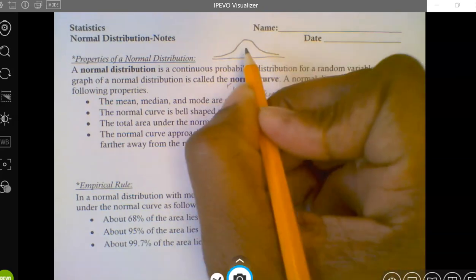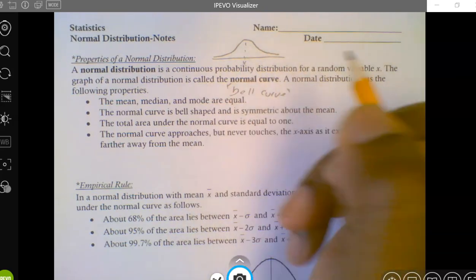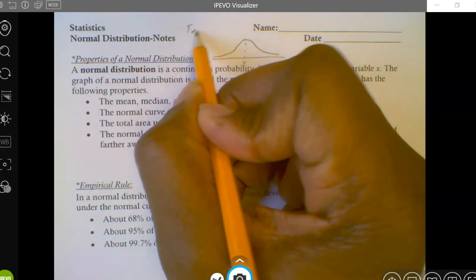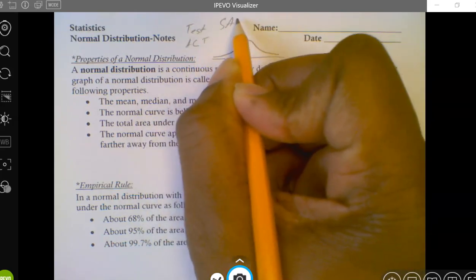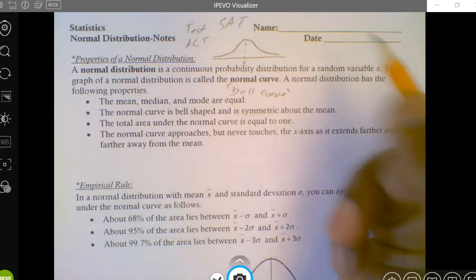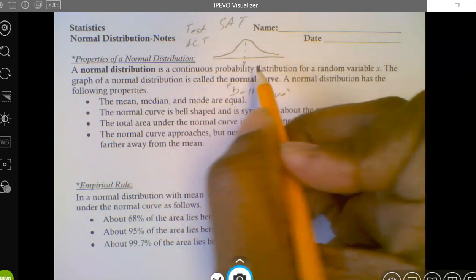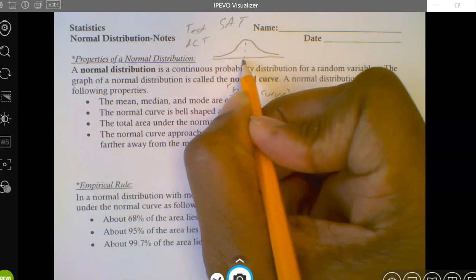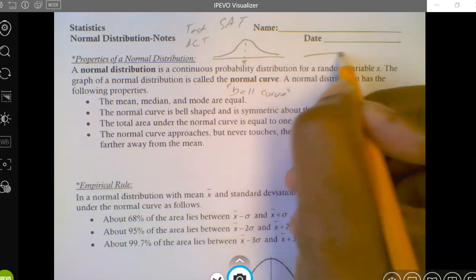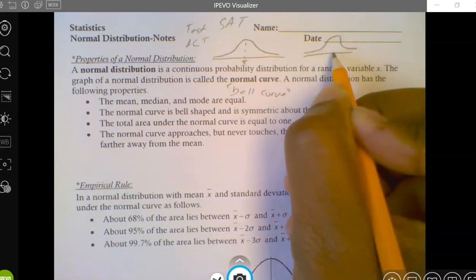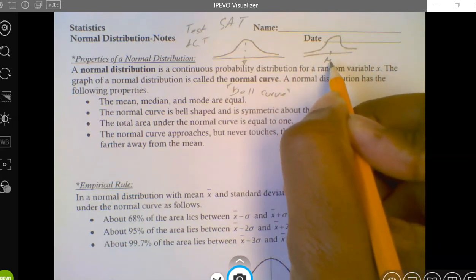We use it a lot when we want to normalize data. A lot of times we like to normalize our test scores. ACT, SATs, those kinds of scores are normalized. It compares you to everyone else. The middle number is called the mean. You might see the mean written as x bar, or you may see the mean written as mu.